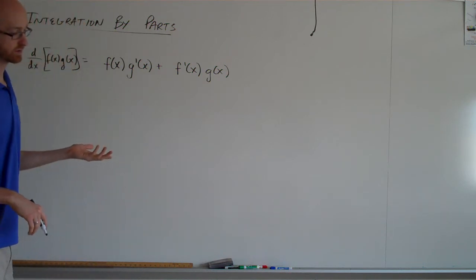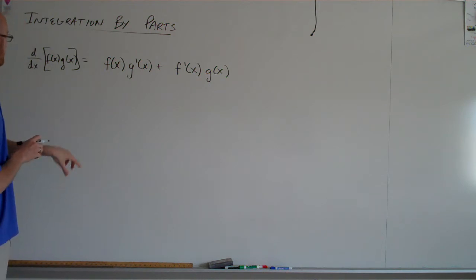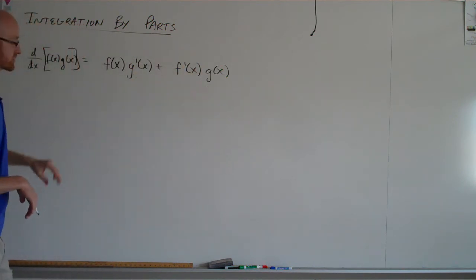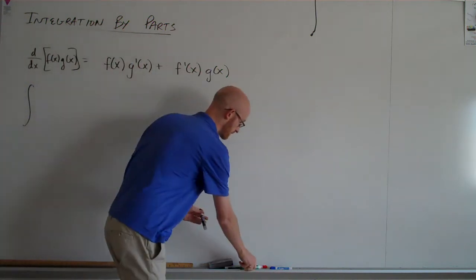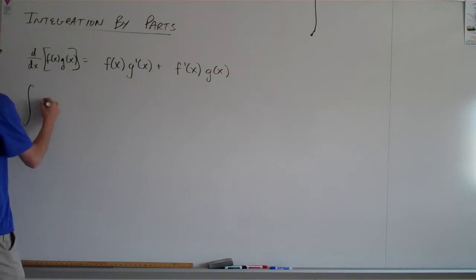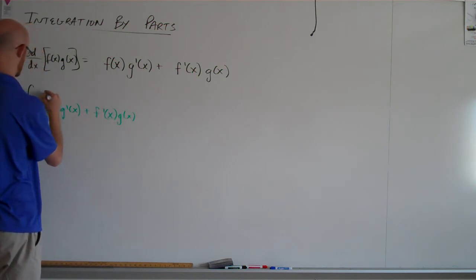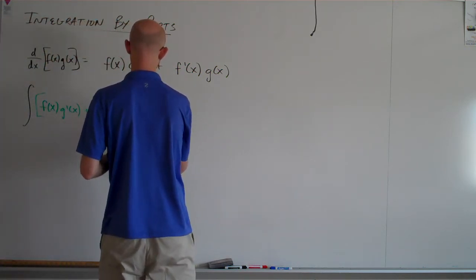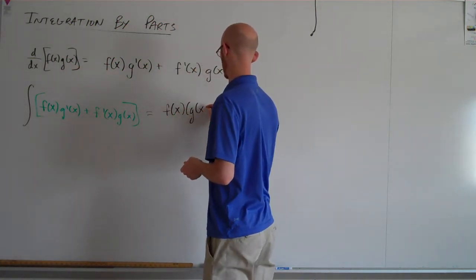All right, now what we're going to do is phrase this in terms of an integral instead. So if the derivative of this is this, then the integral of the right side of my equation should equal the left side. So I'm going to write that now. The integral, and I'll color code a little bit, the integral of f of x g prime of x plus f prime of x g of x, that all as one expression, that integral will equal the original function.